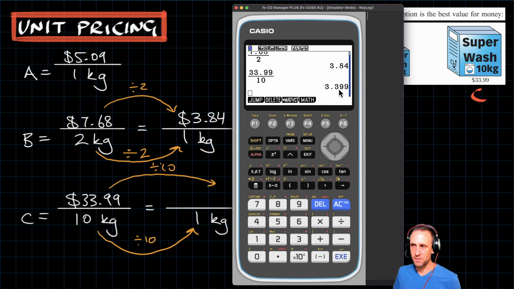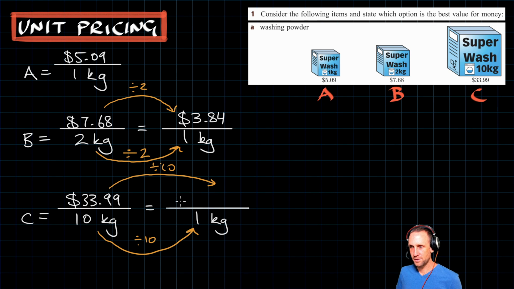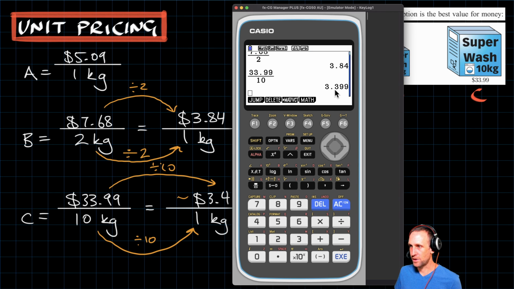So I'd probably be more comfortable rounding this to 2 decimal places. So I'm going to say it's approximately $3.40, roughly speaking. Depends how much precision you want with that, but I think that's a fairly reasonable thing to say in this situation. Instead of saying 3.399, let's call it 3.40.